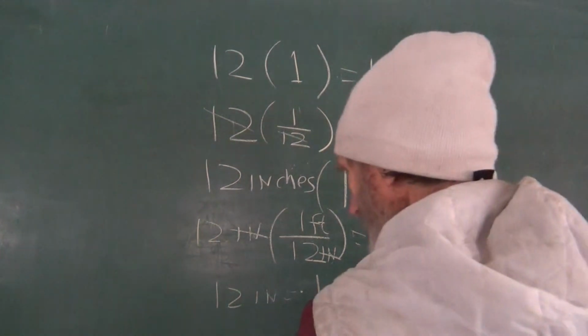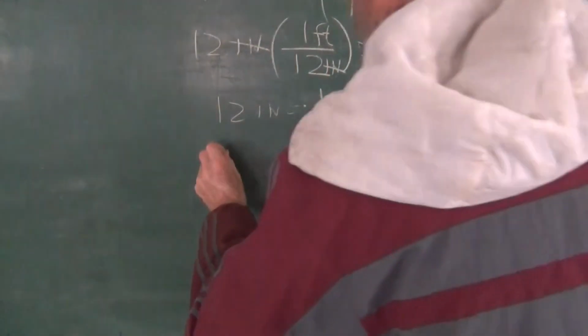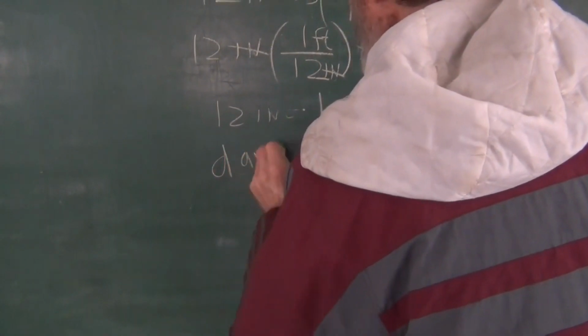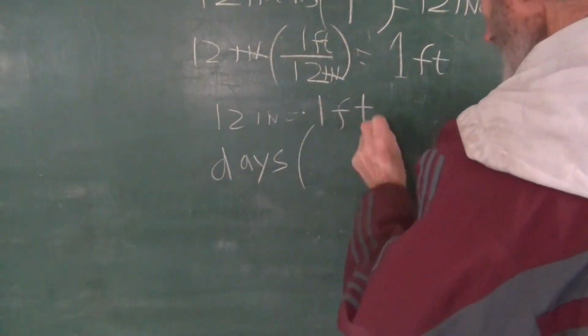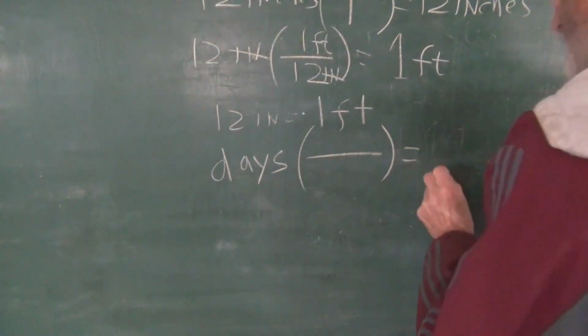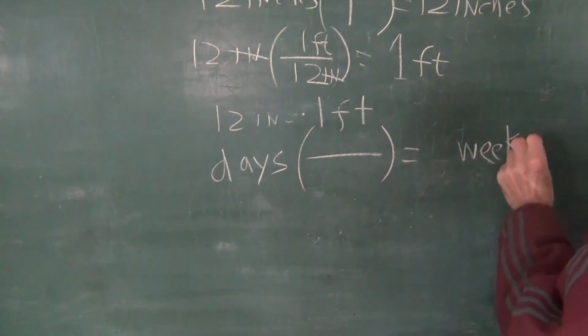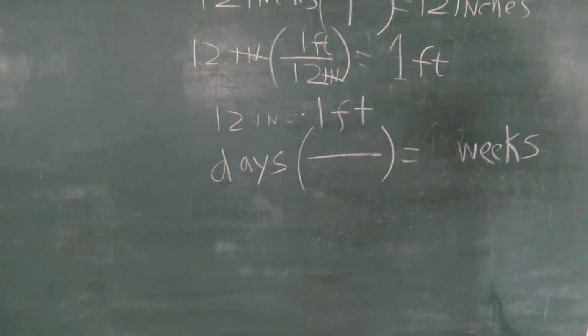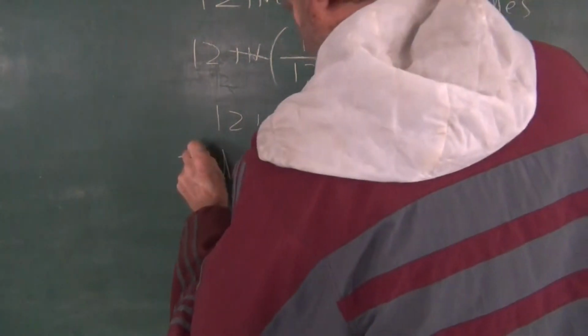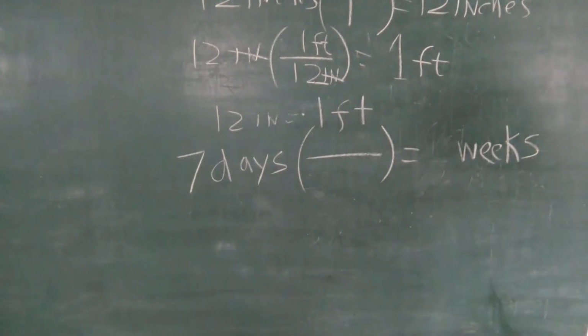So let's take this guy and try something a little different. Suppose you wanted to turn days with a magic fraction into weeks. Suppose we have 7 days, just a random number here. So, fill in what the magic fraction would be.